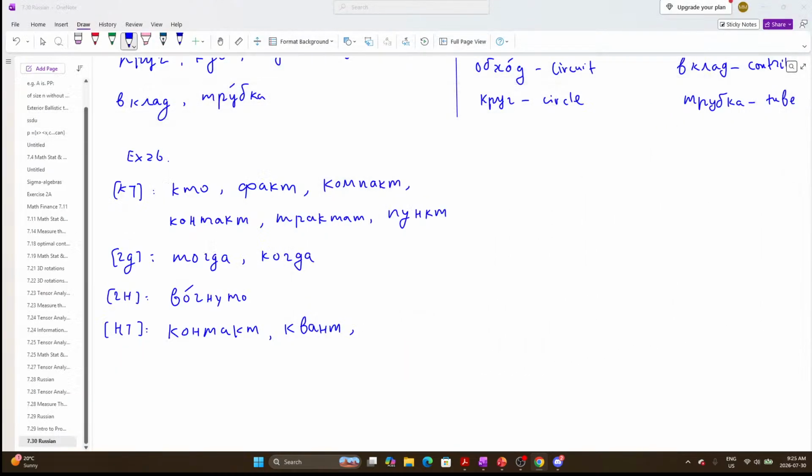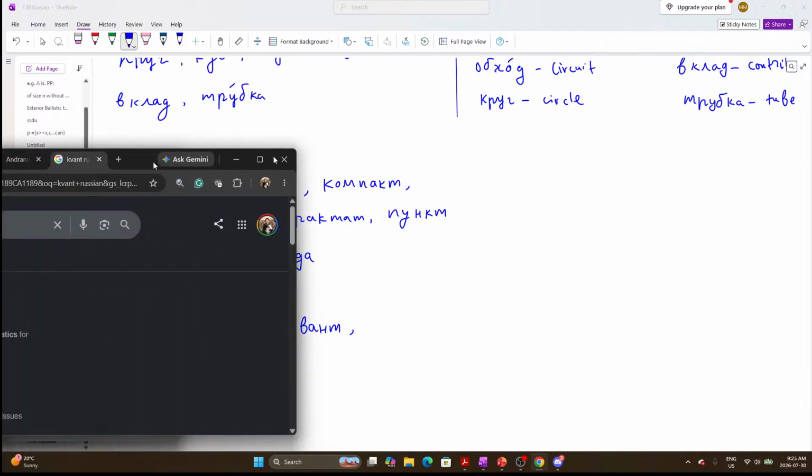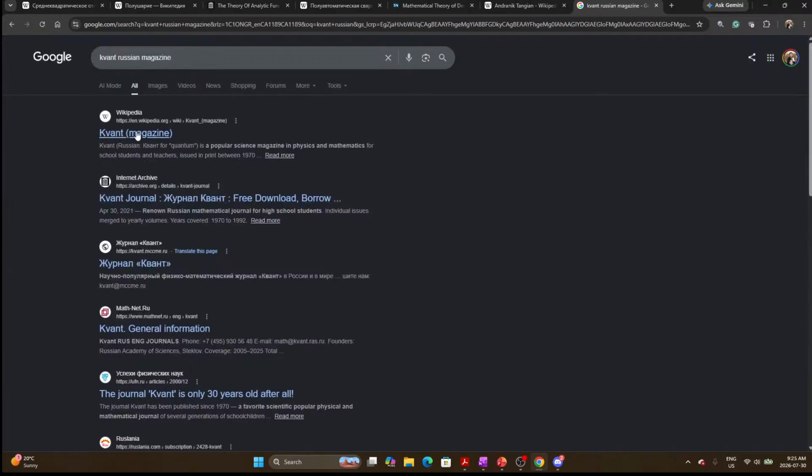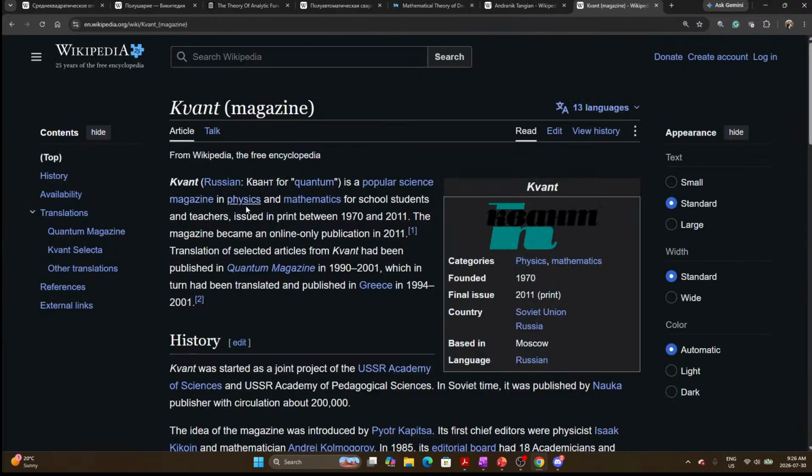Basically there was this magazine in the Soviet Union, and I think it continued later, called Quant. It's a Russian popular science magazine in physics and mathematics, founded in 1970.